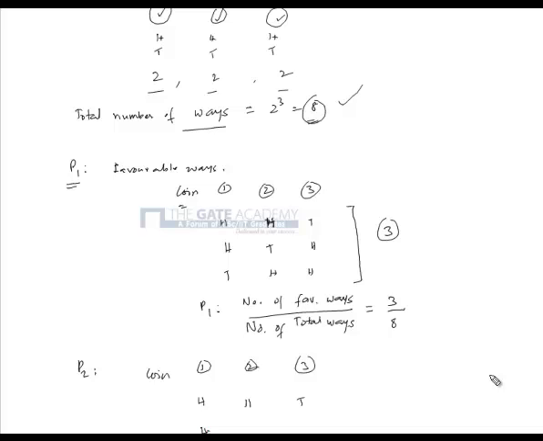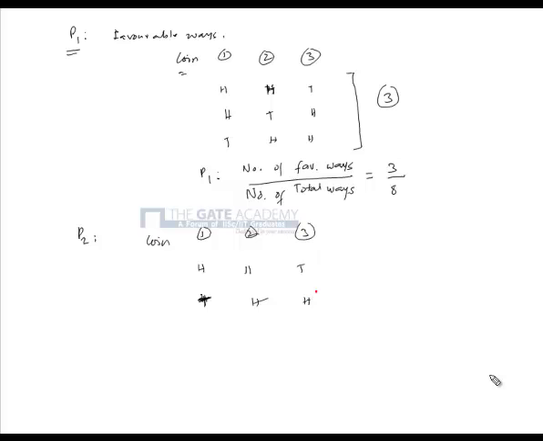If I get head here, then there's no other way. So suppose I get a tail here and head here and again head in the third, so that is also one of the favorable ways. Now as I see, there are no other ways, because if I need to get 2 heads, and that 2 consecutive, it can happen only when 1 gets head and 2 gets head, or 2 gets head and 3 gets head. So there are only 2 favorable ways.